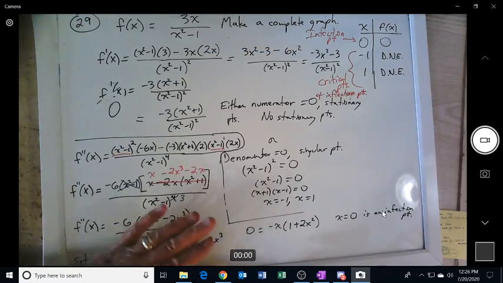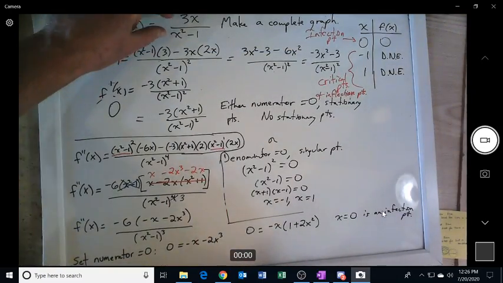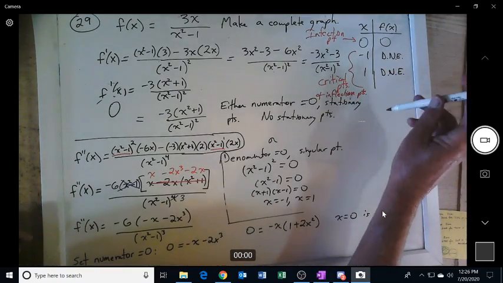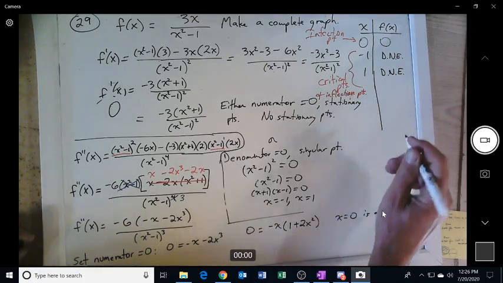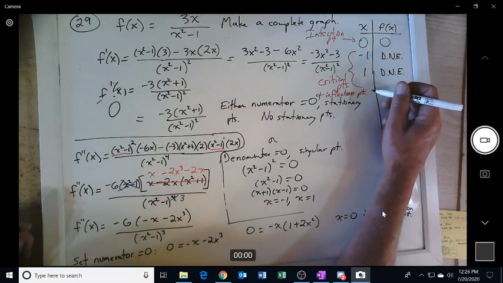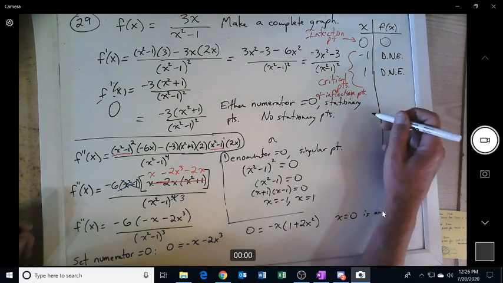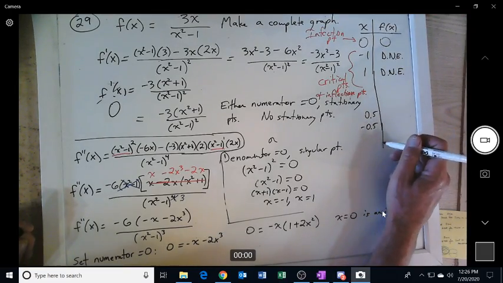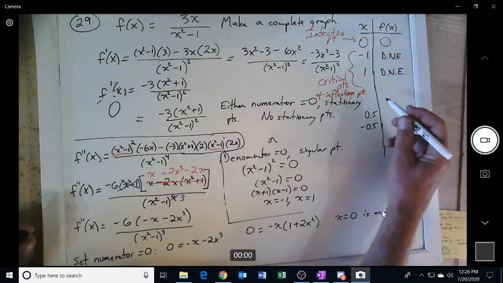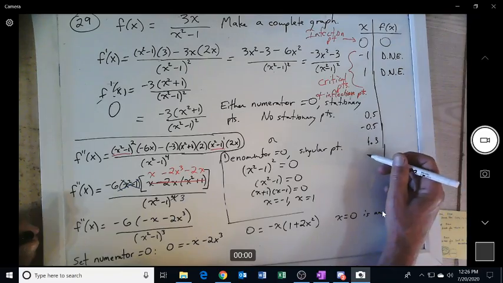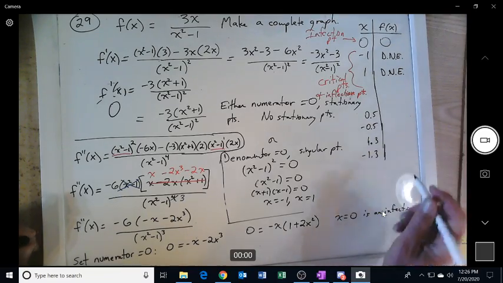All right, so then we would put all this information in. I'd probably want to put in a couple other points just to have a few points on this table, like something 0.5, negative 0.5, something to the right of that, maybe 1.3, negative 1.3.